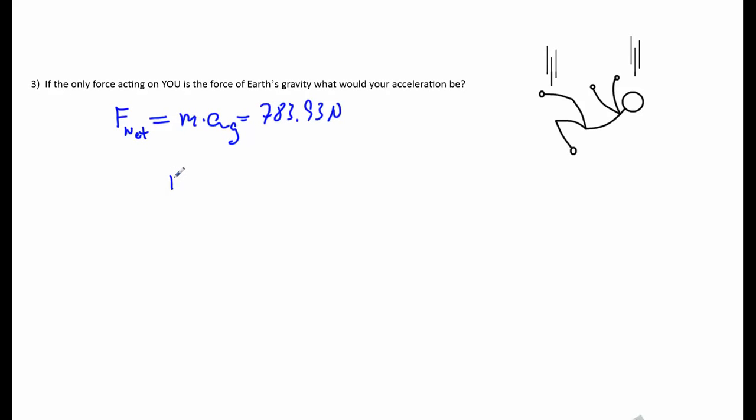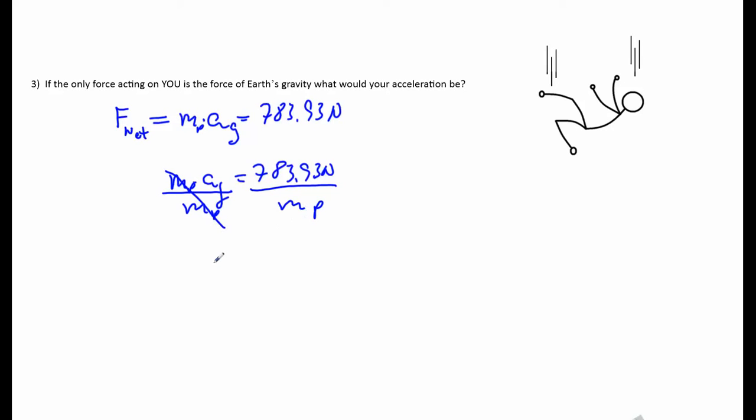Well, I've got mass times acceleration due to gravity is equal to this 783.93 newtons. And if I want to know what the acceleration due to gravity is, I divide both sides by the mass of the person. Oh, that should be m sub p here. m sub p, m sub p. Well, I'm going to divide both sides by m sub p.